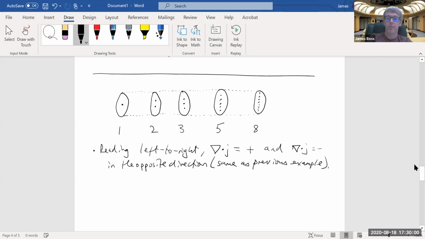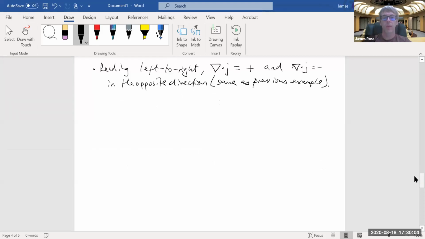However, the change in density, oh sorry, the change, don't need partials here. The change in density over time is positive, and that's a new discovery. It's not zero. It was zero in the previous example.